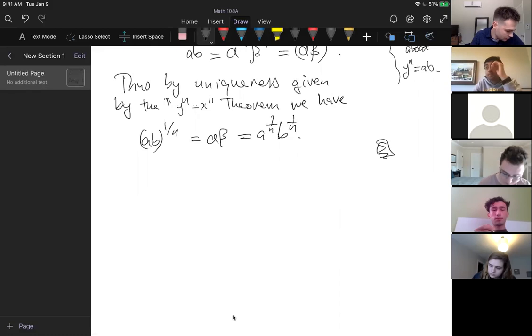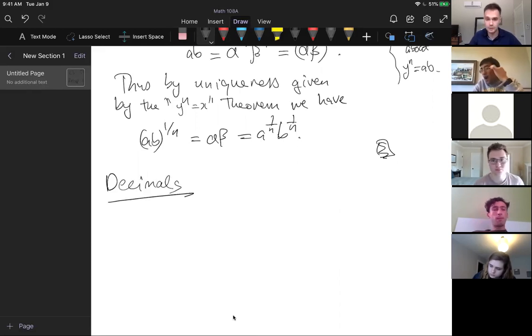Another application of the supremum in general is decimals. So how to see real numbers as decimals. Okay, so I'm going to let x be real and positive.